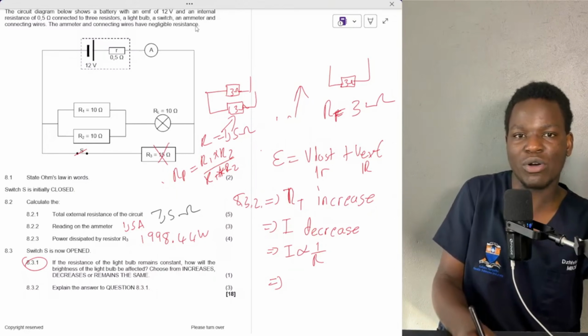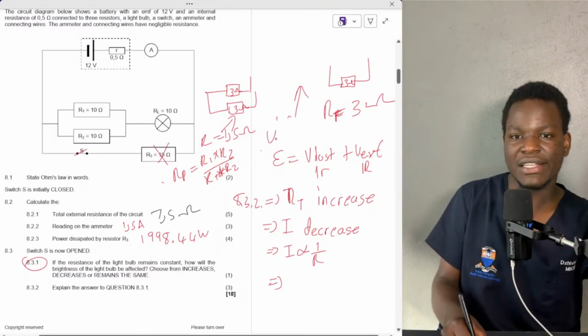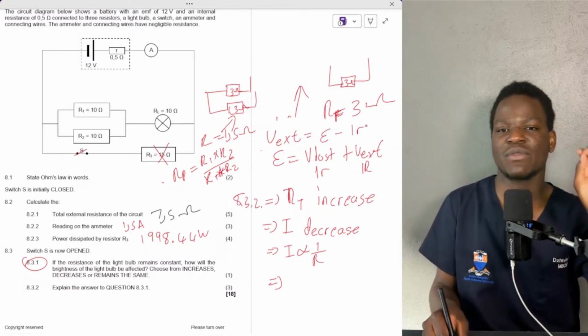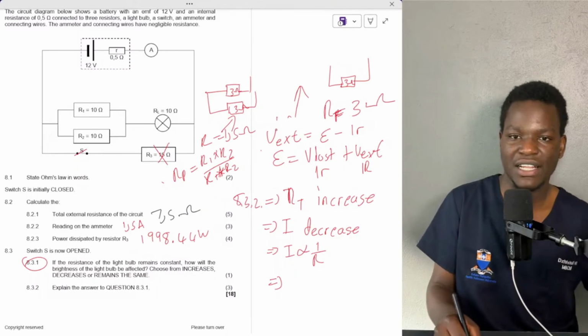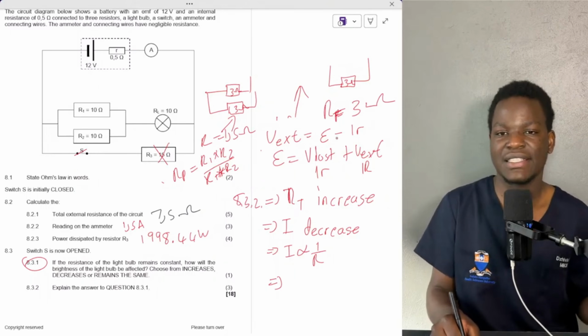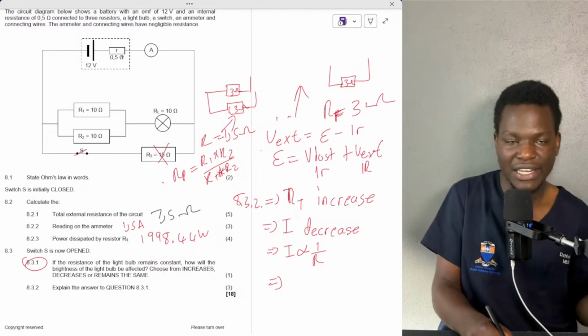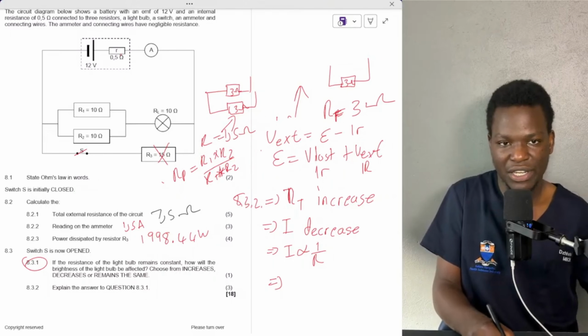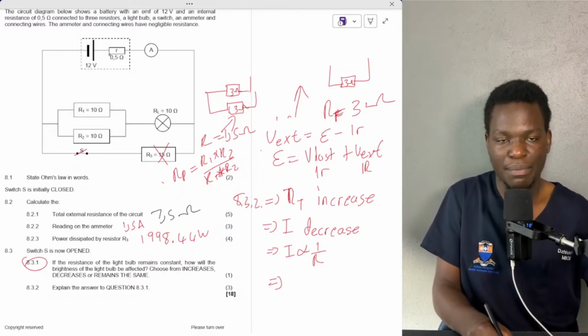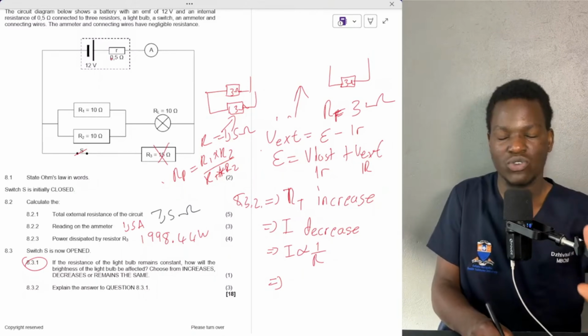It's the one that determines the V external because it takes first. It's like the voltage dissipated, or the voltage used in the battery before it goes out.